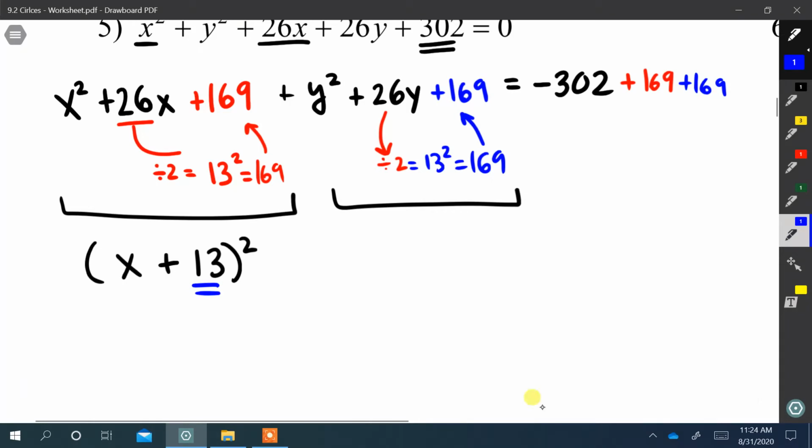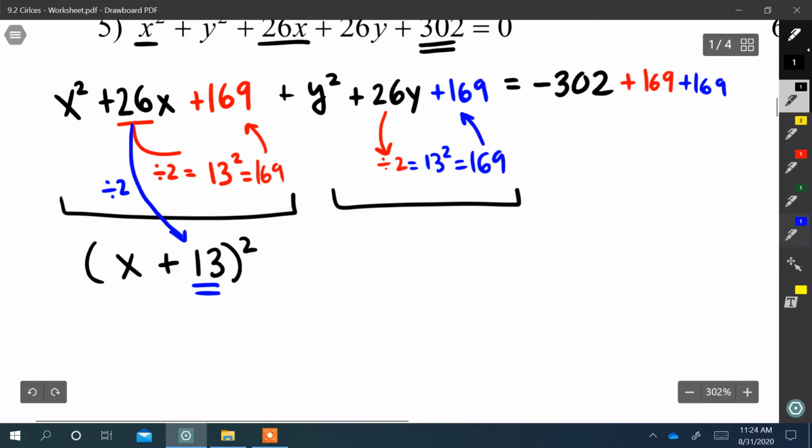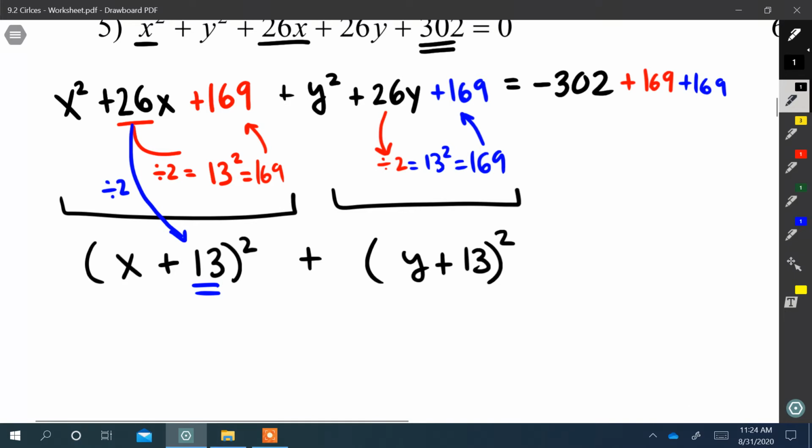You get that 13 by dividing 26 by 2 as well. Same idea with this: here you get (y + 13) squared. Now let's add 169 plus 169 minus 302. That will be 36.